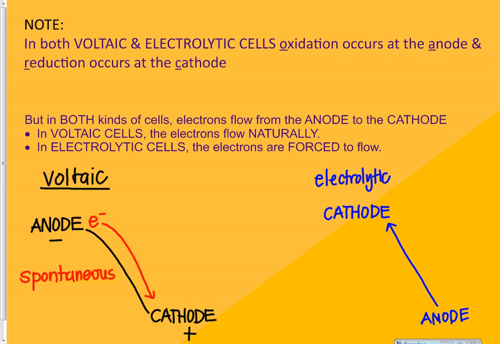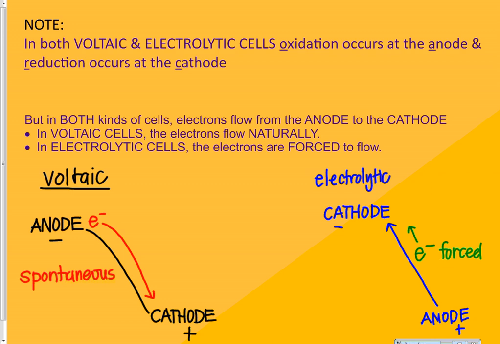In an electrolytic cell, the anode is positive and the cathode is negative. That's what's being forced to happen. We are forcing electrons to go up this hill by using a battery or some other power source. So they are forced to go to the electrode they don't normally want to. Electrons are being forced to go to a negative electrode.